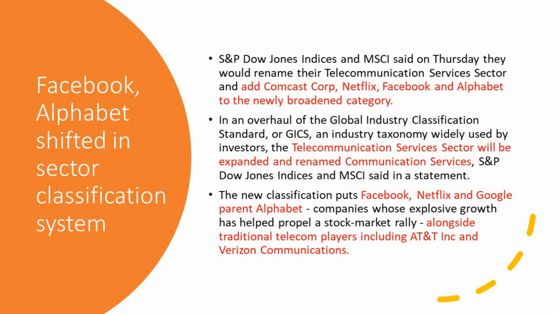And in 2019, they revised the telecommunication services sector. They renamed that to communication services. And then in that bucket, they threw Comcast, Netflix, Facebook, and Alphabet alongside traditional telecom players such as AT&T and Verizon Communications. So that doesn't tell us a lot about what Google does.